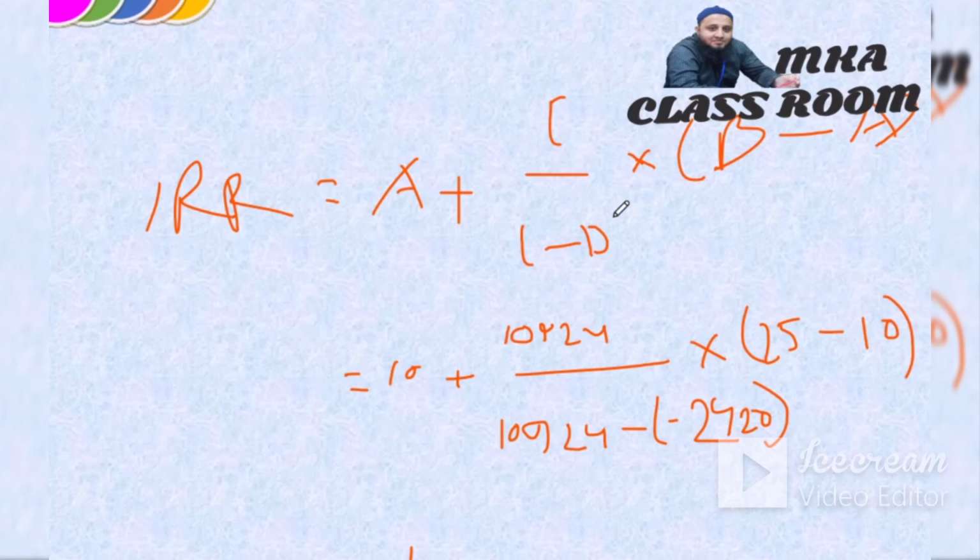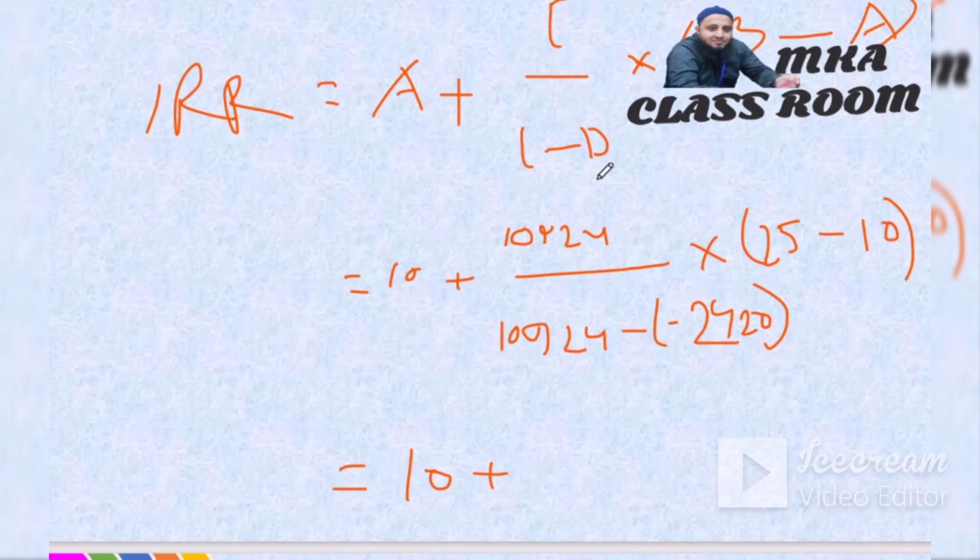If we calculate this value, at first 10,924 plus 2,420. Now 10,924 divided by this result shows 0.8186.